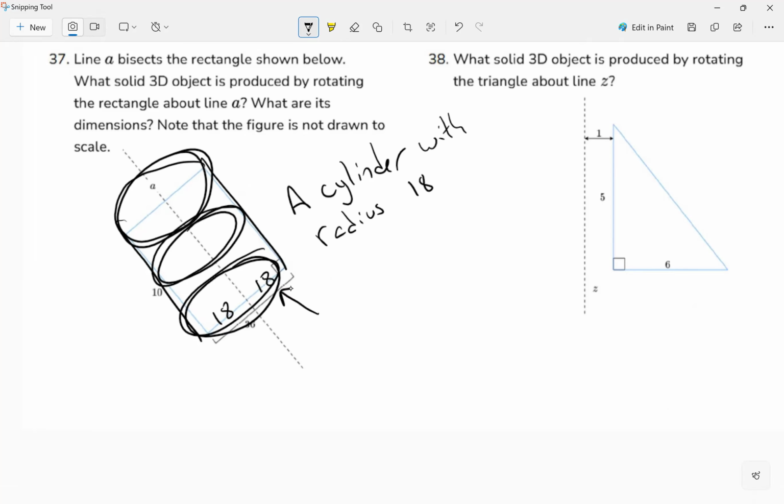Remember, that's where I got that, with radius 18 and height. Oh, what's this information? Oh, I see it right there. Height 10. So it's a cylinder with radius 18 and height of 10.